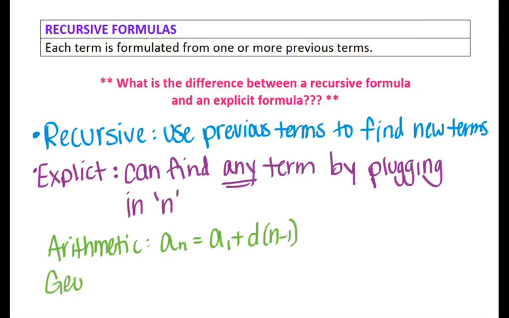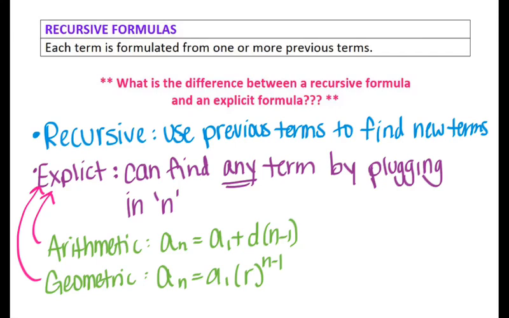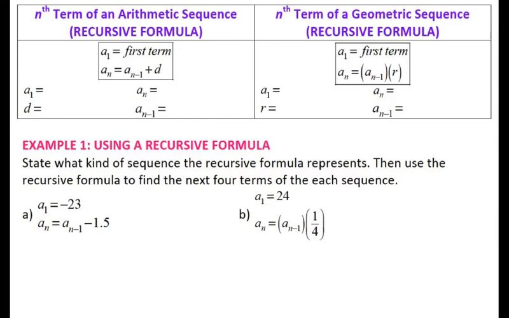And for geometric, it was a_n equals a_1 times r to the n minus 1. These were the explicit formulas, because we would be able to find any term by plugging the term number n into the formula. So now we're going to look at recursive formulas.